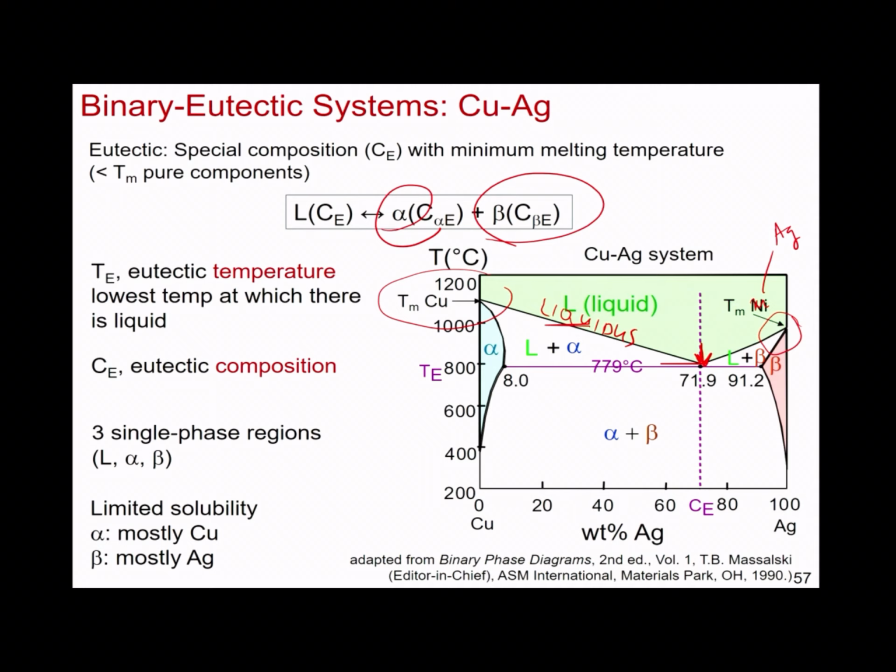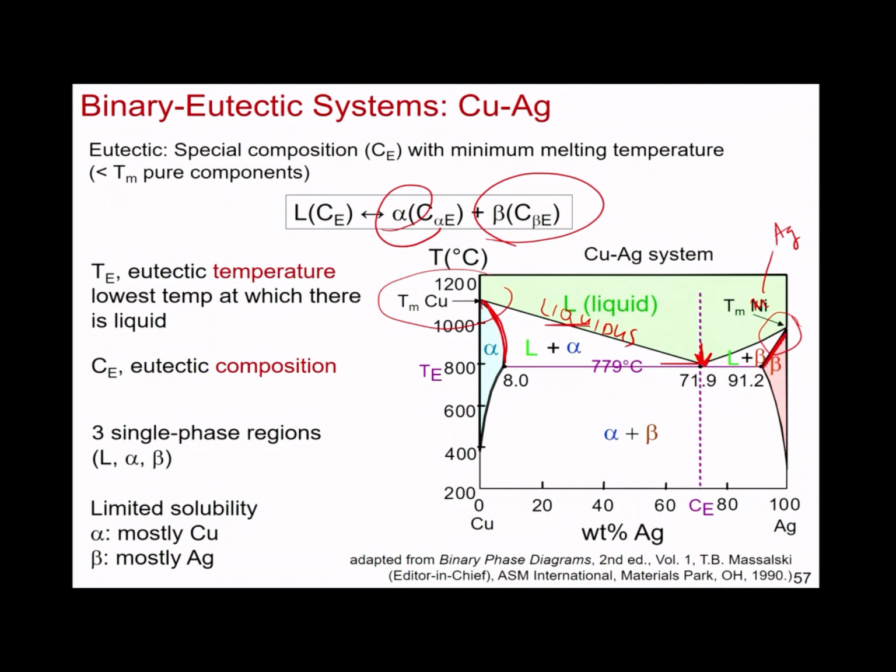So above the liquidus line, everything is liquid. You have everything in the liquid state. Below the solidus line, you have everything in the solid form, and that's this line right here. All right, so that's your solidus, and there's a solidus line right here over as well.